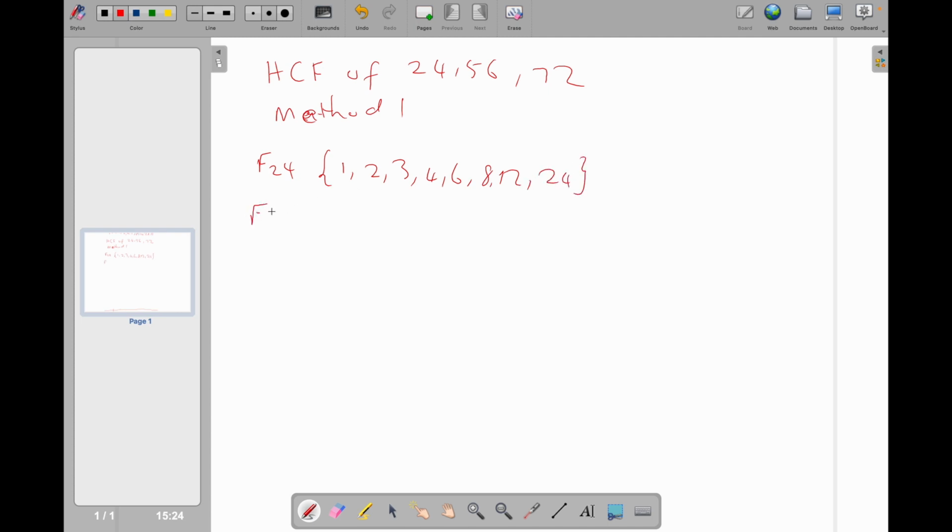And factors of 56, we have 1, 2, 4, 7, 8, 14, 28 and 56. And then we have factors of 72.